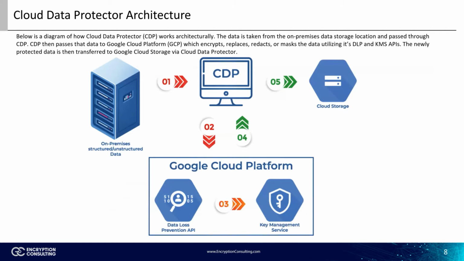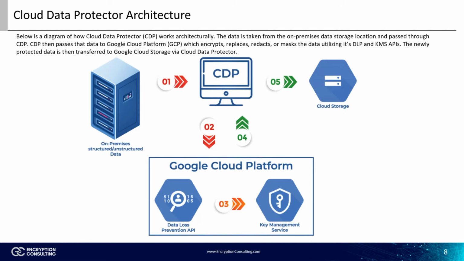Here, we have an architectural diagram explaining how CDP works. Initially, the structured or unstructured data is passed to Cloud Data Protector. The user then prepares a configuration file containing the path to the keys that need to be used, the columns of data, as well as the method each column should undergo. The available methods to use on data are format preserving encryption, data masking, replacement, and redaction.